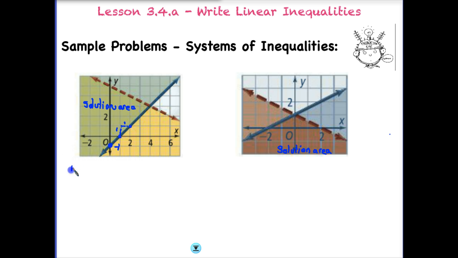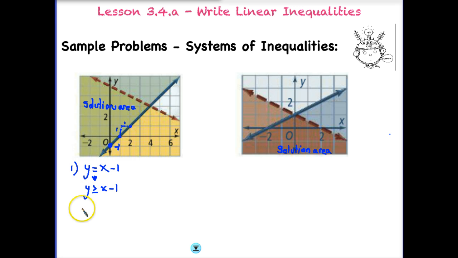So for my first equation, I'm going to have y is equal to 1x, or just x, minus 1. Okay, now I need to adjust my equal sign to be an inequality. If I look at where this blue line is shaded, it is shaded above. So all the y's that are greater than or equal to x minus 1 will be solutions.